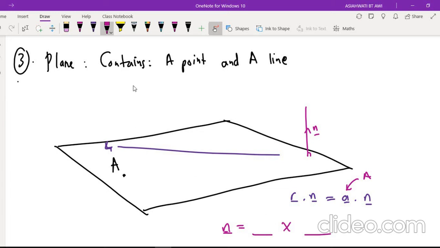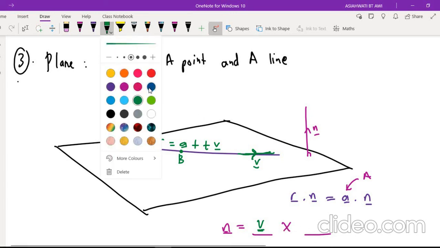The info given is line L: r equals a plus tv. L lies on the plane, and L has a point, which I call B, and also the vector V, which gives direction to the line. You can take this vector V as one vector. Another vector you need lies on the plane.